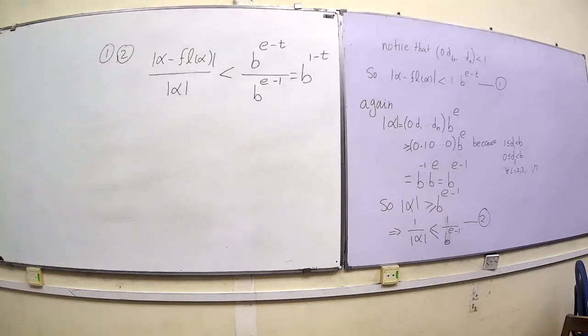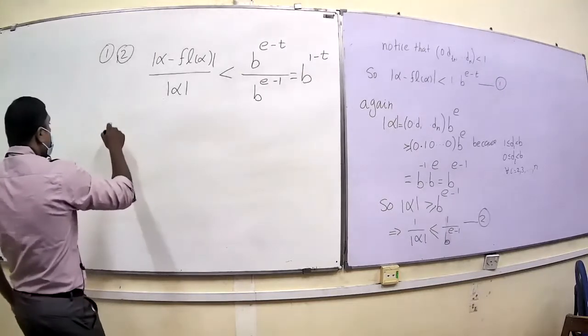Okay, so the first part is completed. If you have chopping, then the relative error is bounded by b to the power 1 minus t. Now the rounding case, part 2.